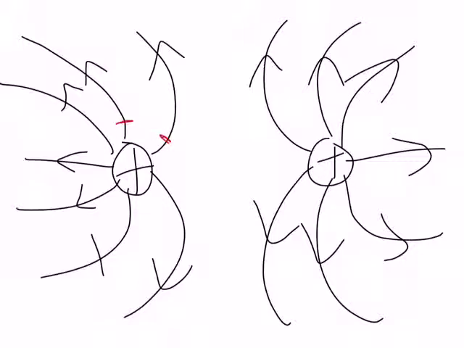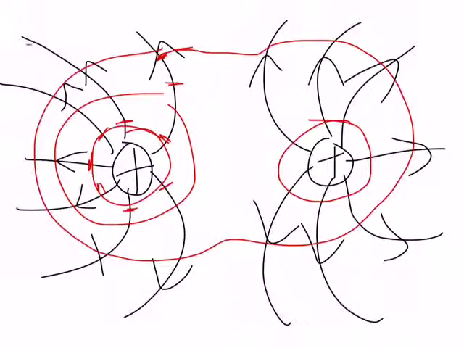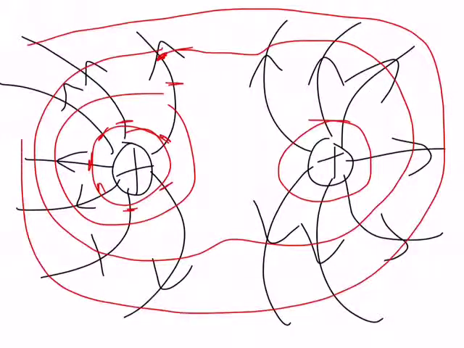Really close in, things look a lot like a single point charge, and so they're going to be kind of circular. But as I move farther out, the equipotentials are going to have to start merging. At some point, I'm going to have maybe another circle, but at some point, I'm going to have equipotentials that encompass both of these. As I get farther and farther out, this gets less and less lumpy and rounder, and as I get infinitely far away, I end up just getting a circle that includes both of them very near the center. So somewhere in between, there's one that does something like this.